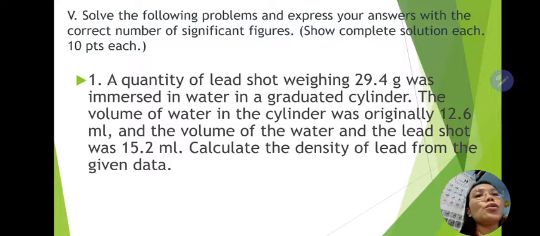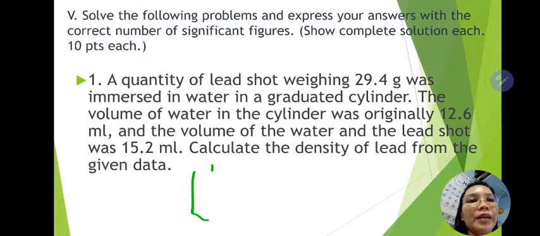Okay, so this is called water displacement method. Yung meron tayong graduated cylinder. Yung graduated cylinder, yung meron siyang calibrations na kung ilang ml siya.